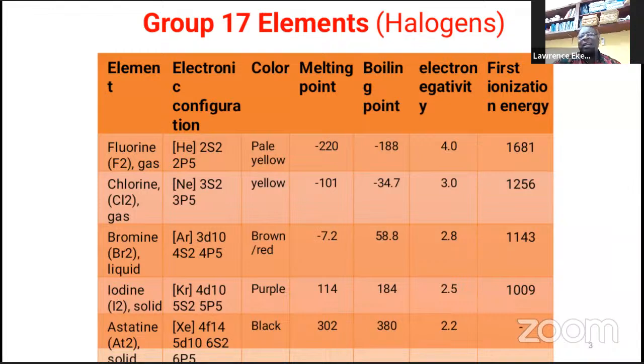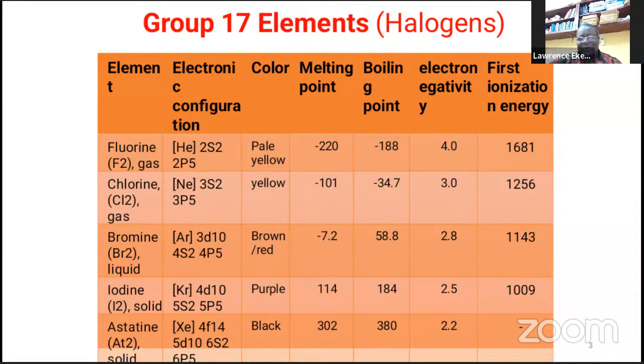So ionization energy, electronegativity, electron affinity, and reactivity of the elements all decrease down the group. This is due to the distance of the outer shell from the nucleus.